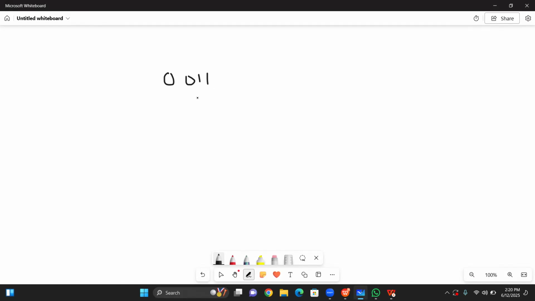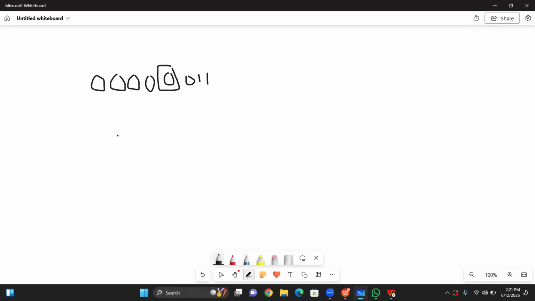Remember, when this is a signed integer, we use the most significant bit to represent the sign. So that means this is a positive number. If you want to extend this and maintain its sign, all you have to do is pad it with all zeros, because this will preserve the sign.